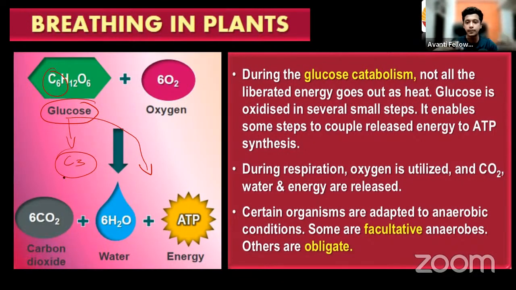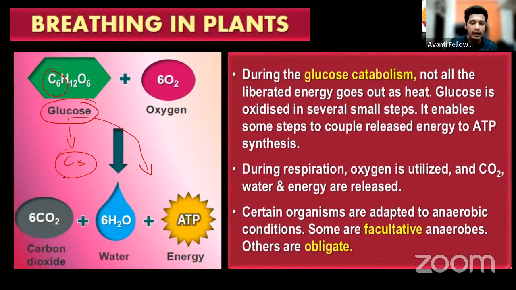Now, when it comes to respiration, as I said, oxygen is a must, and oxygen is utilized for respiration, and carbon dioxide, water and energy are released as byproducts of respiration. But some organisms are adapted to an environment where there is absolutely no oxygen, or they are facultative anaerobes.